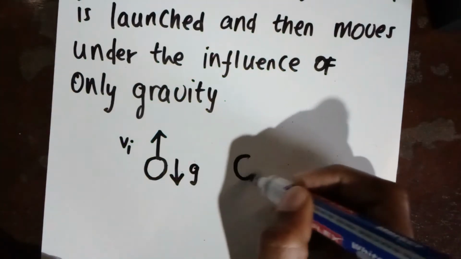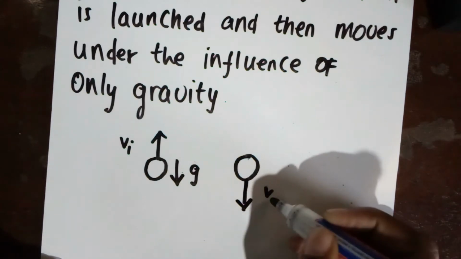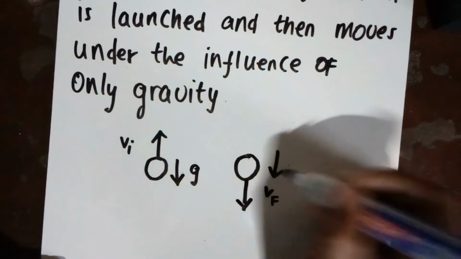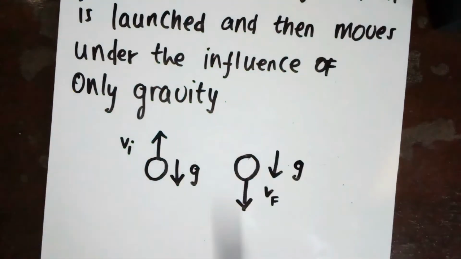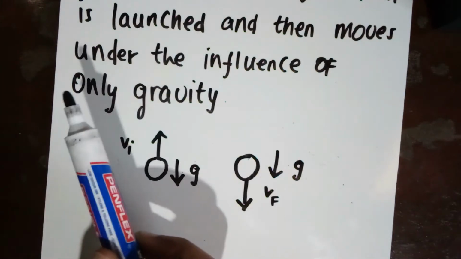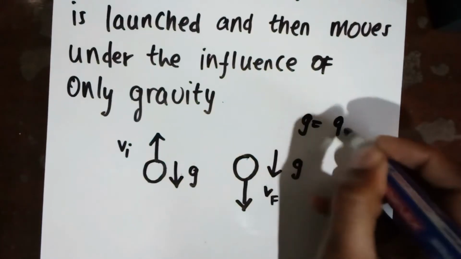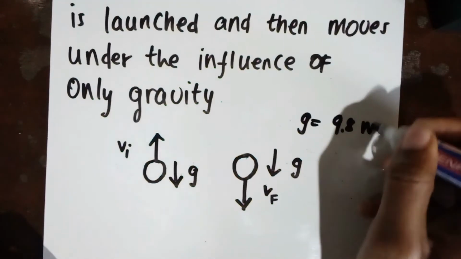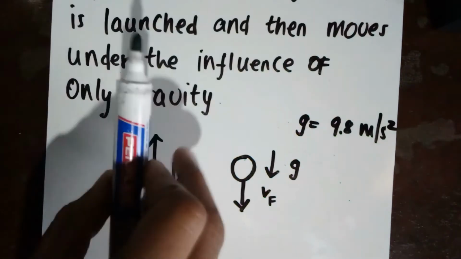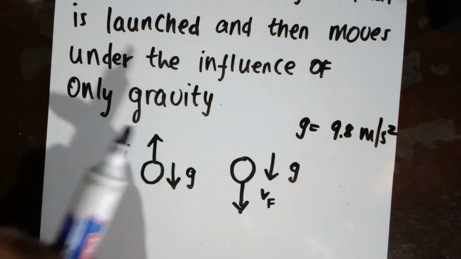Even when this ball moves down, so this is maybe the final velocity, the gravitational acceleration will still be downwards. So projectiles moving upward or downward always accelerate at a constant acceleration of g, and we know g to be 9.8 meters per second squared. Whether the object is moving up or down, acceleration is always downwards. That is one of the important things to know.